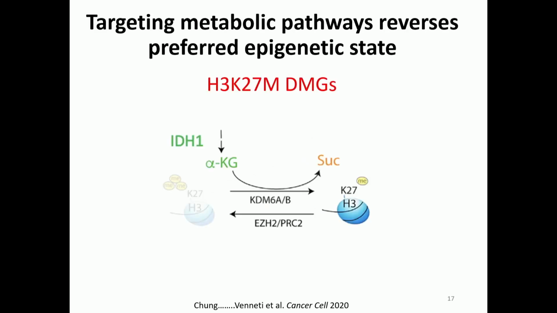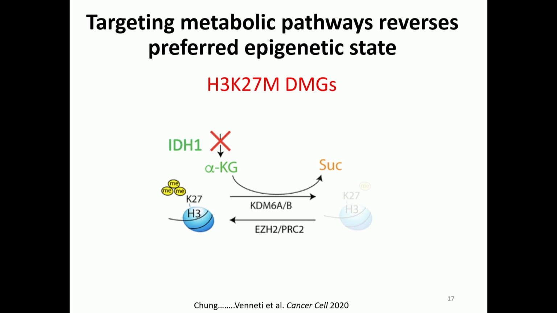So the take-home part from this is that normally, these K27M mutations drive IDH1 alpha-ketoglutarate production, and this maintains this low 27-trimethylation. And if you inhibit IDH1, you can actually increase this 27-trimethylation.